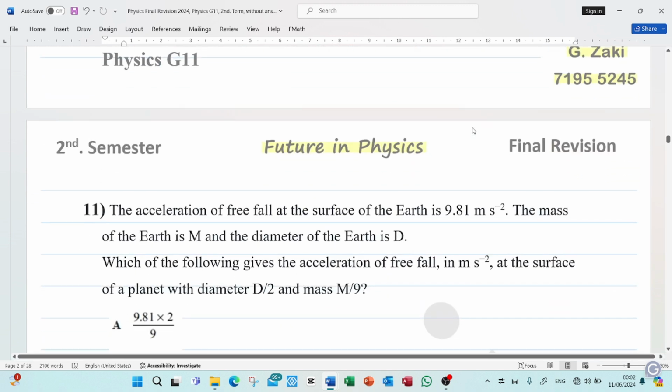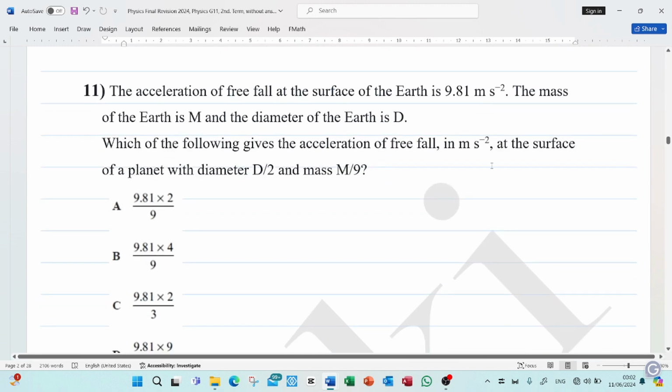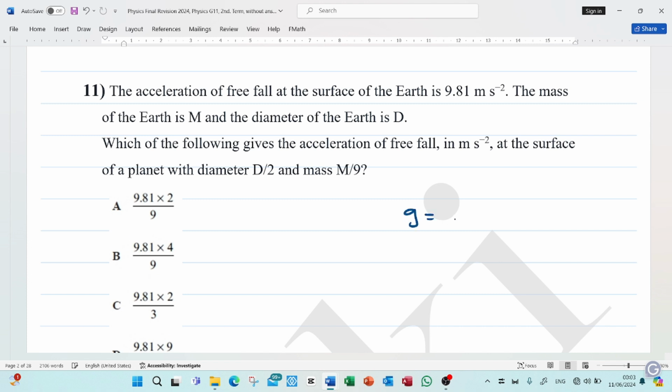The same as the exam, we go to the multiple choice. It said the acceleration of free fall at the surface of the earth. So this is g at the surface. So the given g equals GM over r squared equals 9.81. The mass of the earth is M and the diameter is d. Now r equals half d.